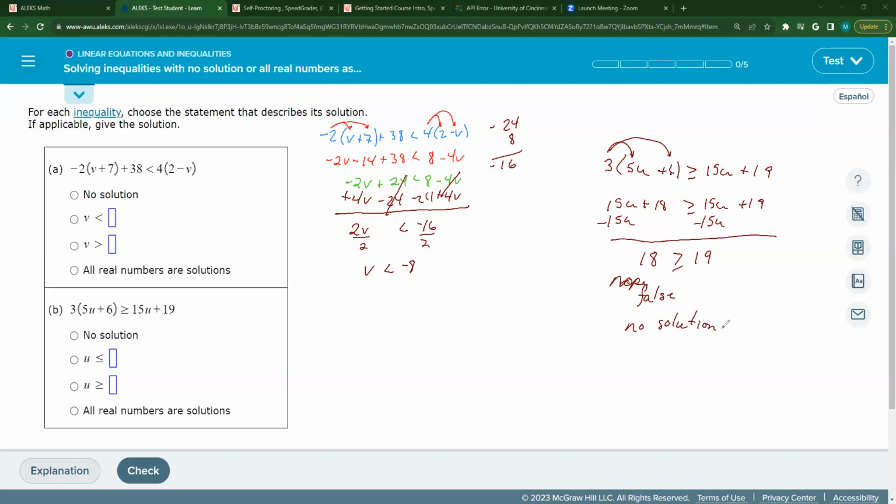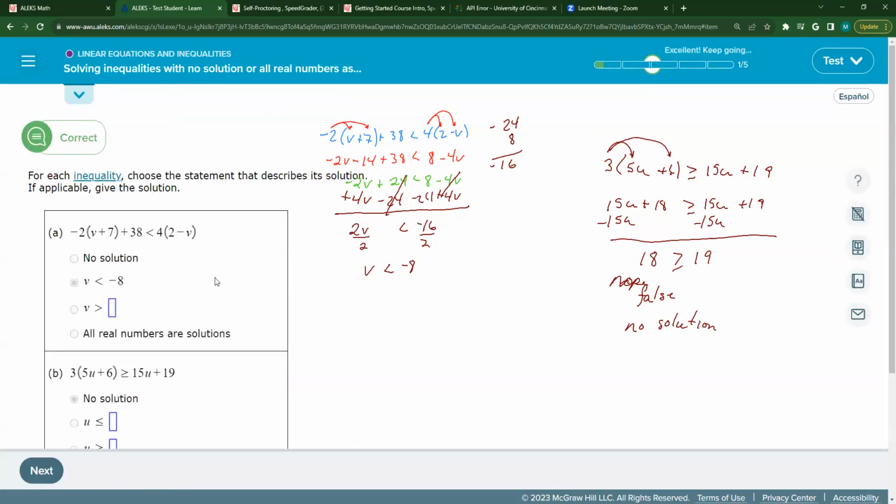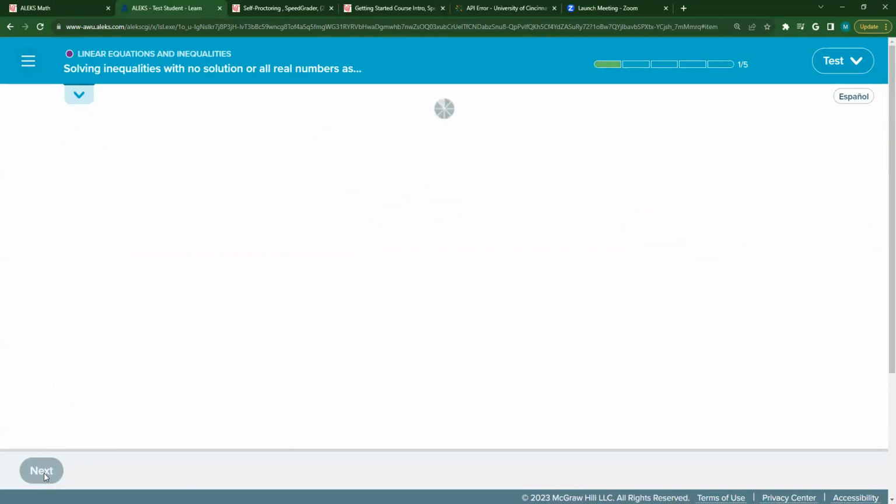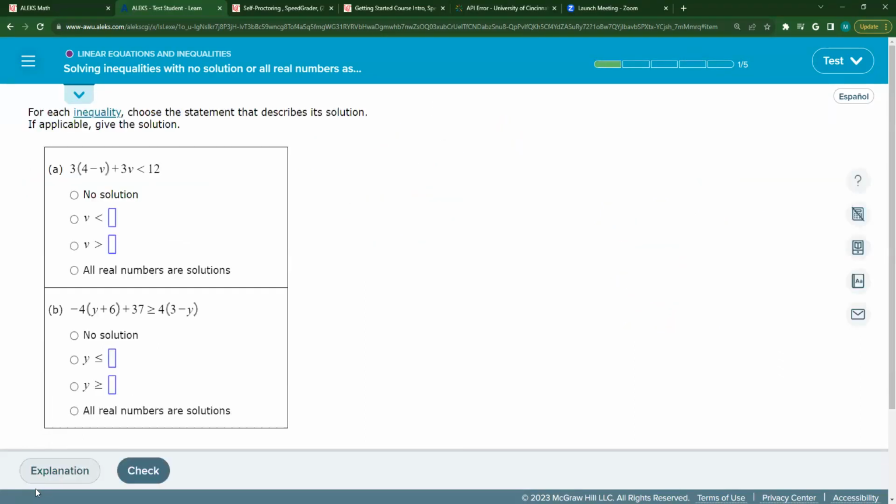If I end up with something that's true with no letters, then I would have an all real numbers are solutions, and we will probably see one of those in one of the later problems. So I have v is less than negative 8. And then I have no solution for the other one. Save our work, and we're going to check. And we are going to get the next problem and get to see some other examples.